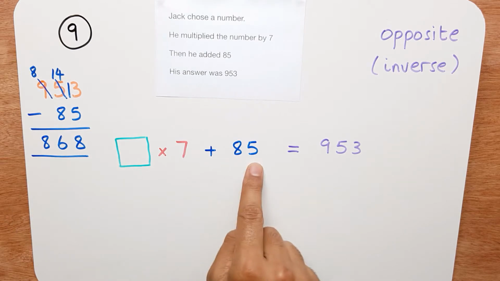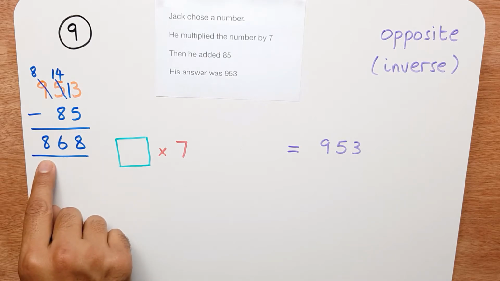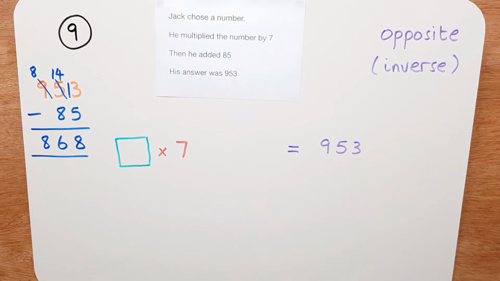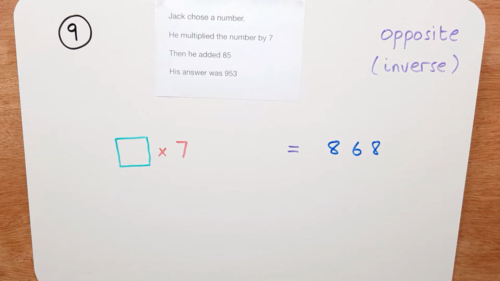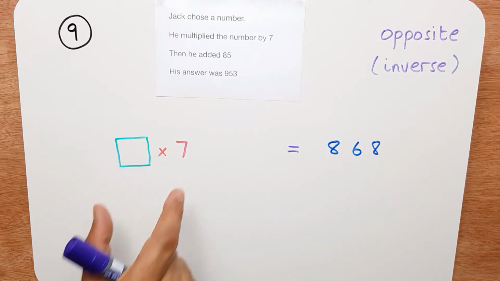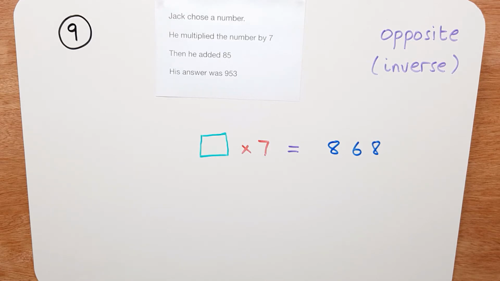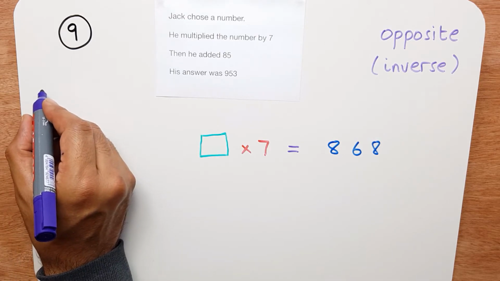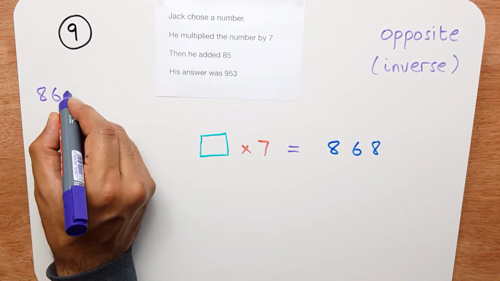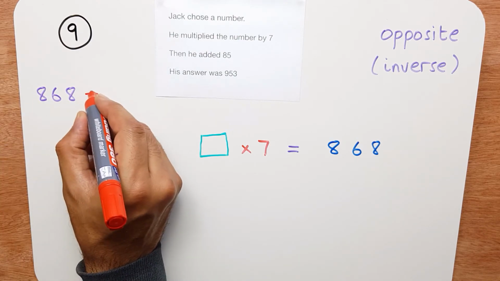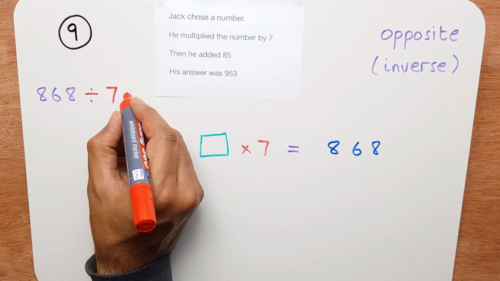So we've done this bit. And this 868 will go there. So let me move this across a bit. 868 divided by 7.